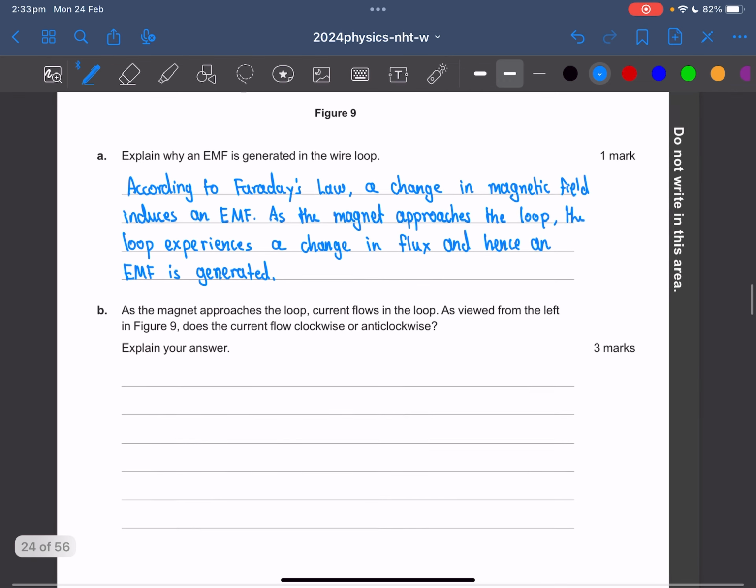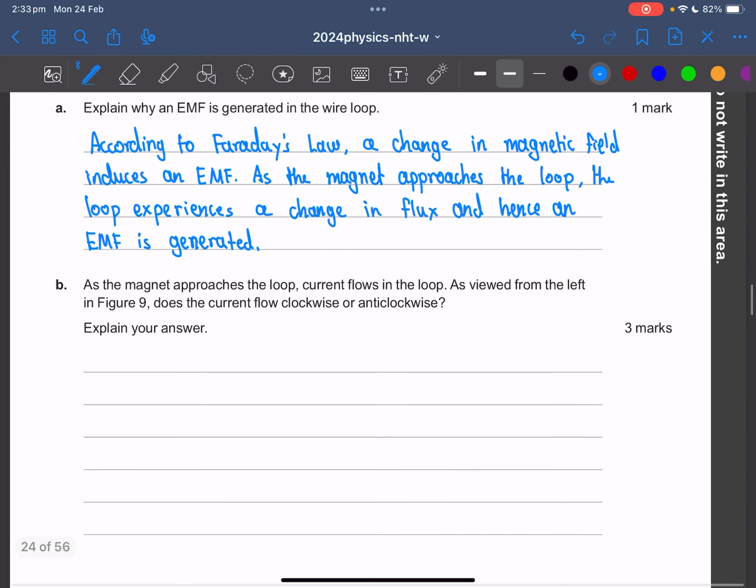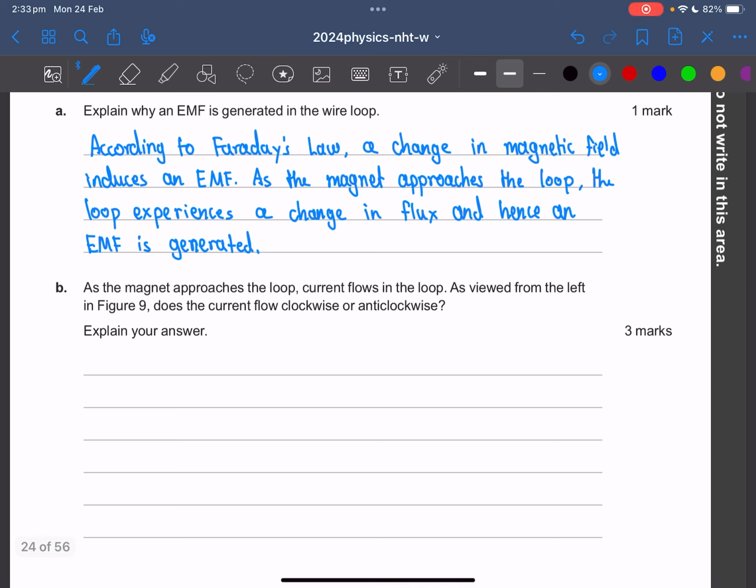Okay? So according to Faraday's law, a change in magnetic field induces the EMF, as a magnet approaches the loop, a change in flux. Okay, cool.